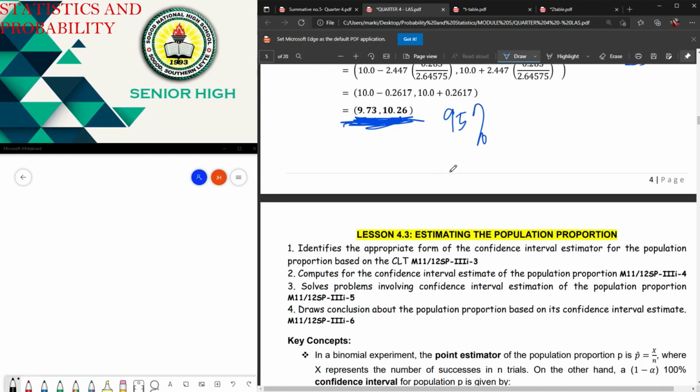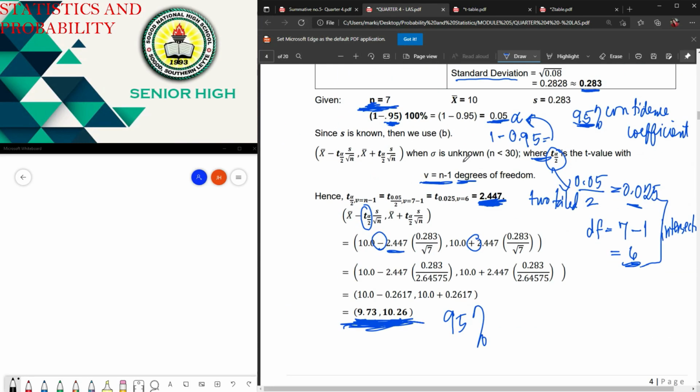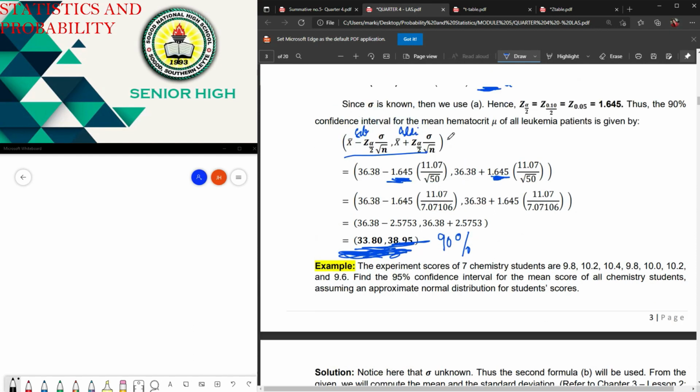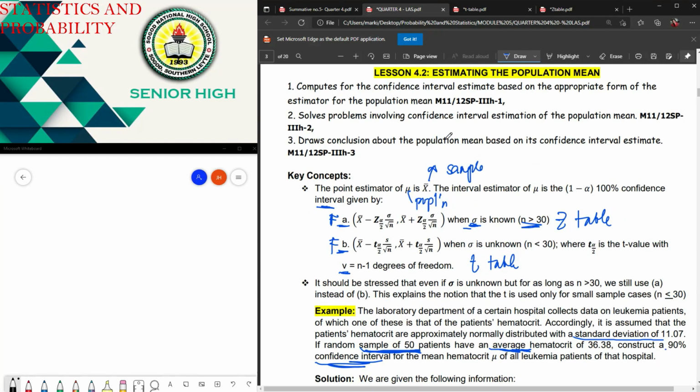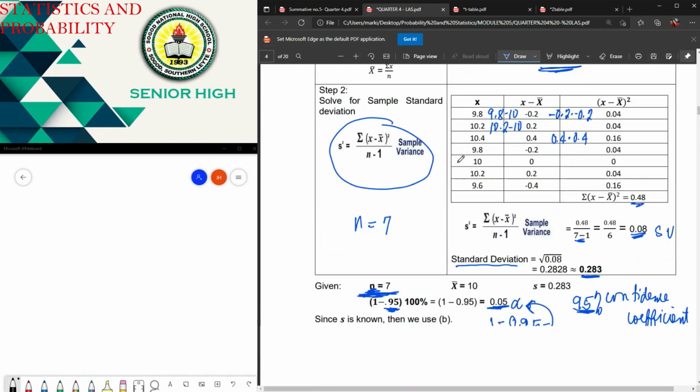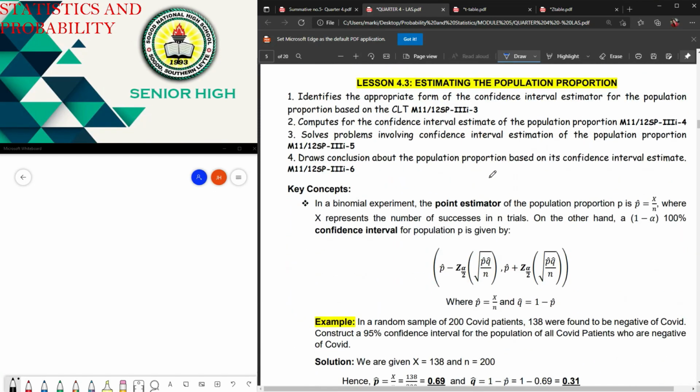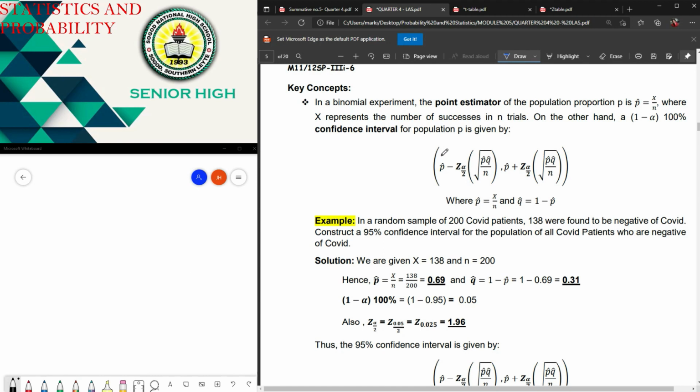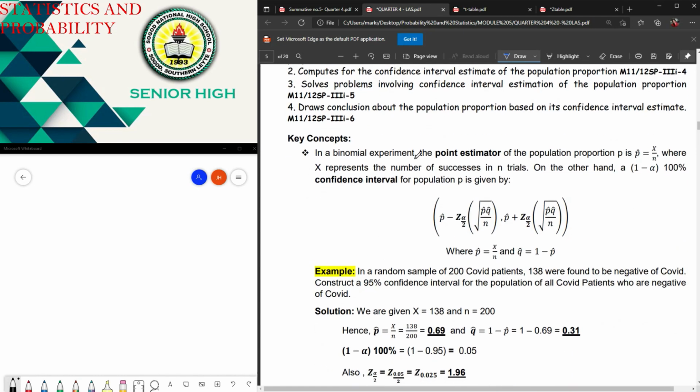So there is a ratio, a fraction, not the same as in the population mean. The clue there is that you have the mean, you have the standard deviation. But in the population proportion, you have successes. Say for example here, in a binomial experiment, we already discussed it in lesson 4.